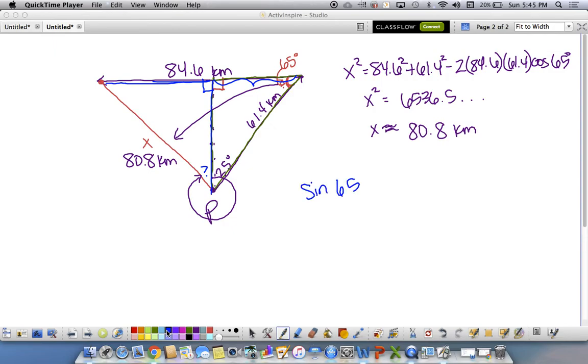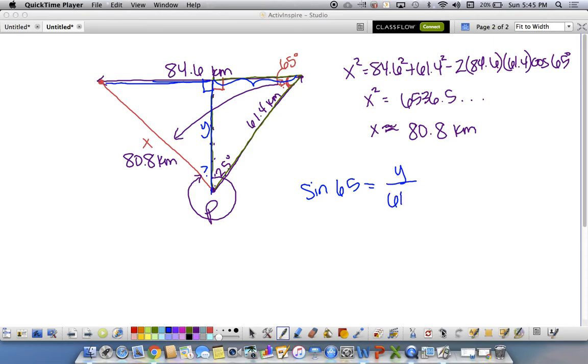Sine 65 over y. I'm going to find this height. Sine is opposite over hypotenuse. So sine 65 equals opposite, which is y, over hypotenuse.